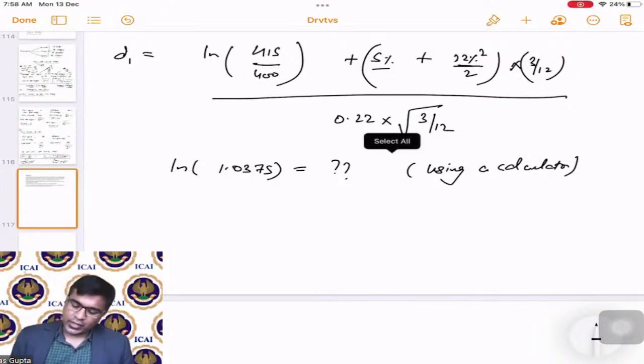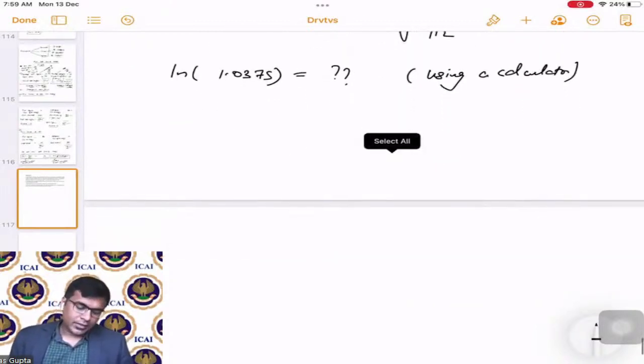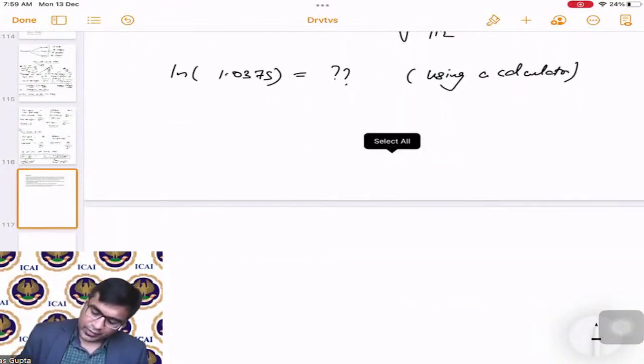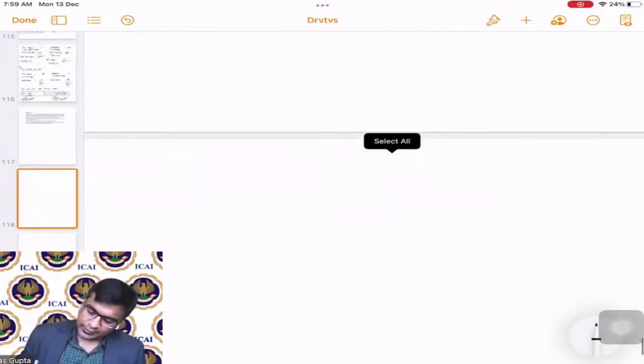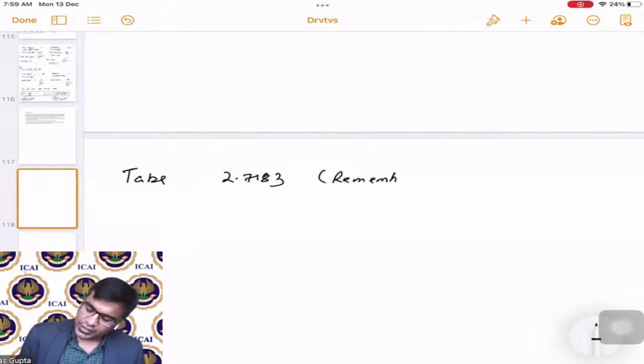So just for the sake of repeating, I'm putting the steps here so that we all know. First of all, we have to take 2.7183. Just remember this, because this is the exponential function. Remember this E value.